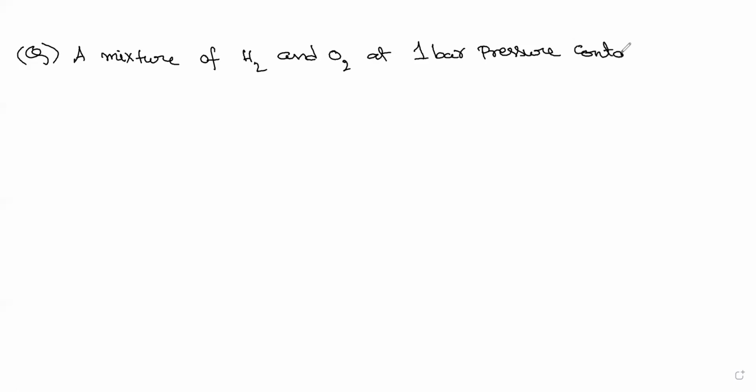A mixture of dihydrogen, I will write it H2, and oxygen at 1 bar pressure contains 20% by weight of dihydrogen. Calculate the partial pressure of dihydrogen.